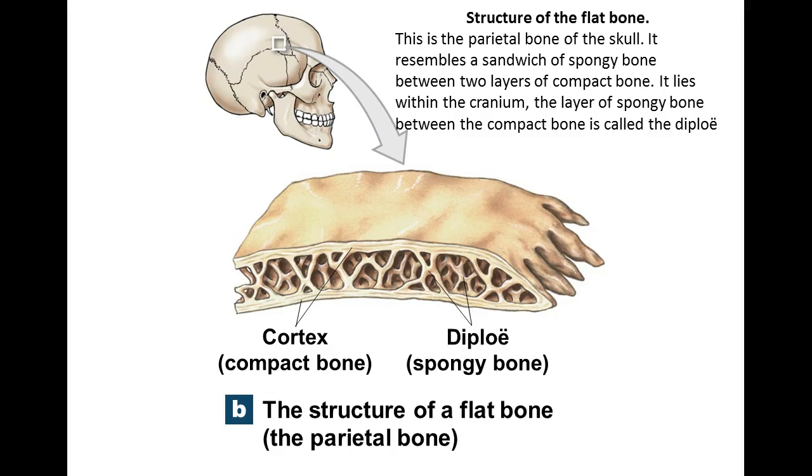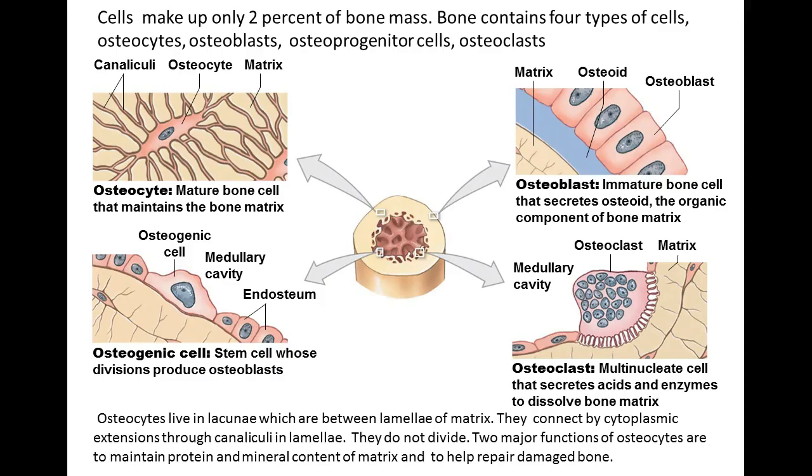When you think about it, it's a good thing to have this type of arrangement of bone. It's strong. It's not as strong as your femur or the bones that your legs are made of, but it's strong enough to protect the brain, but not so heavy that you can't lift your head up. So it really is a very good design for the bones of the skull.